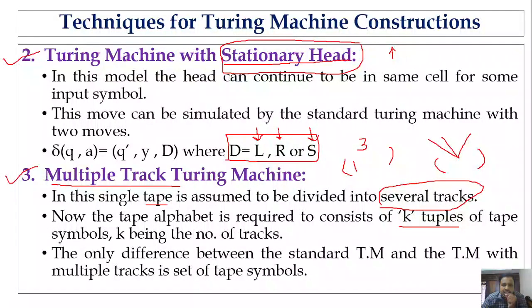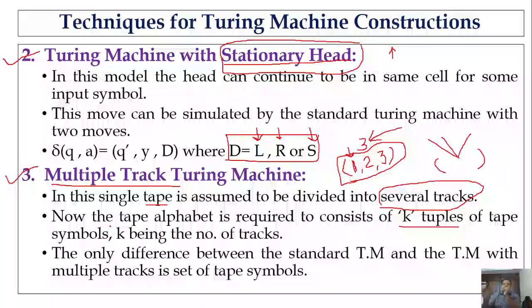The first tuple belongs to track 1, the second to track 2, and the third to track 3. Why three tuples? Because we have divided the input tape into three tracks.